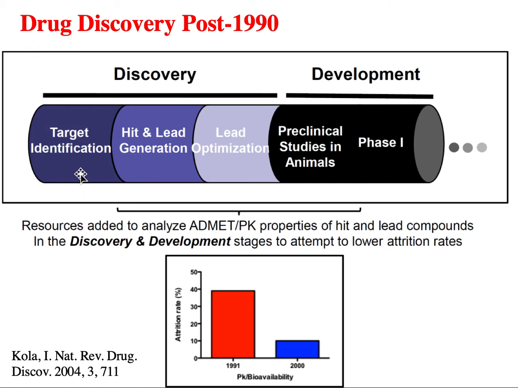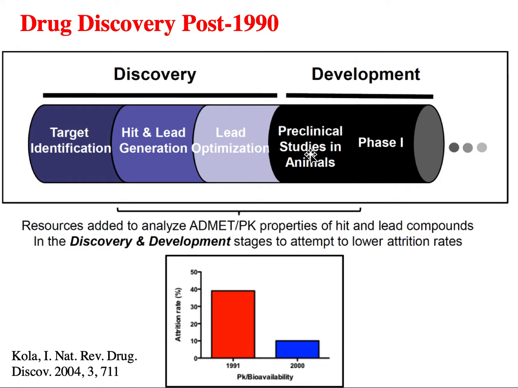So the whole hit and lead generation, this is even before we've gotten into animals, into preclinical studies. We're already thinking about ADMET and PK properties. And that's because drugs were falling out of studies at too high a rate, and it was due to these PK properties.